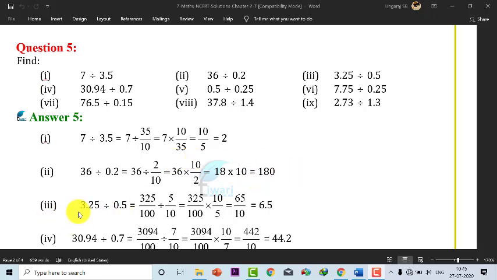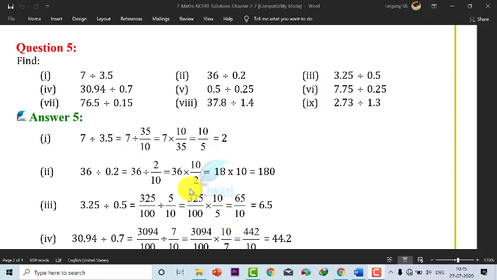Next, the third question, 3.25 divided by 0.5. So its fraction form is 325 by 100 and the fraction form of 0.5 is 5 by 10. So we can write the dividend as it is, 325 by 100, and the inverse of division is multiplication, and the reciprocal of 5 by 10 is 10 by 5. So we can cancel common factors here. 10 ones are 10, 10 tens are 100, so 10 remains in the denominator place.